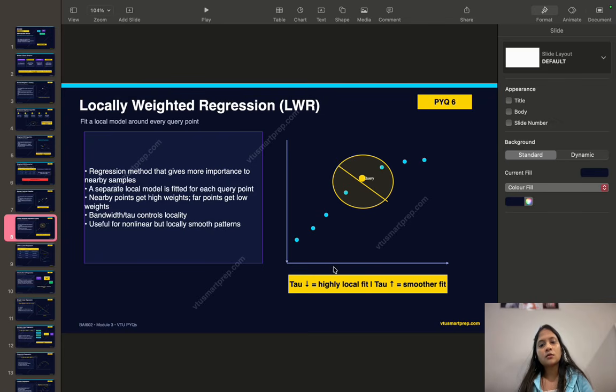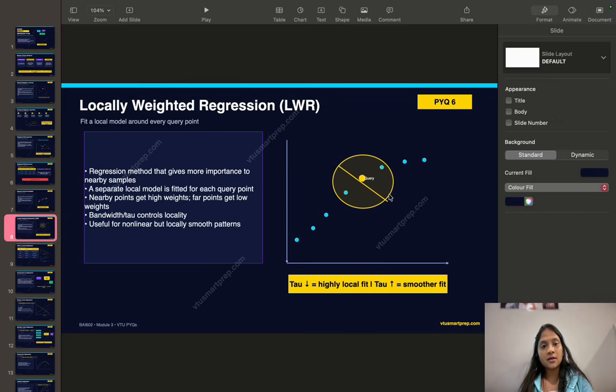Here you can see a highly local fit and a smoother fit. These are the key points you have to remember for locally weighted regression, along with the diagram. A more detailed answer you will find in the notes. I'll tell you where at the end of the video.